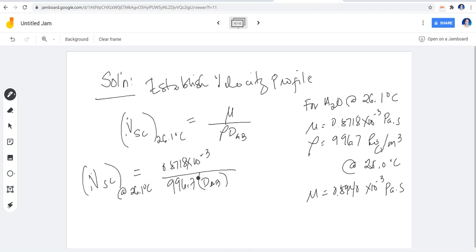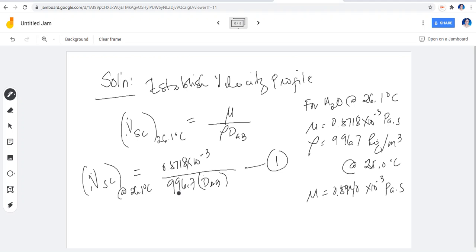So take note, I did not place any value for the molar diffusivity because the problem does not give us this one. So I'd like to have this as equation 1. So we will use the molar diffusivity that is provided from a property table giving us the molar diffusivity of the system, benzoic acid and pure water.